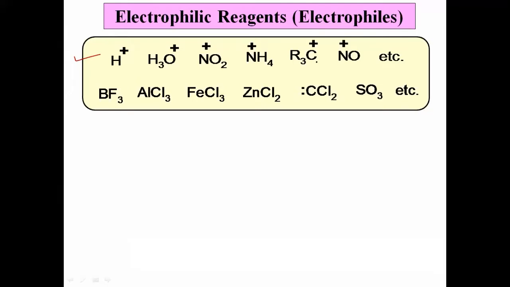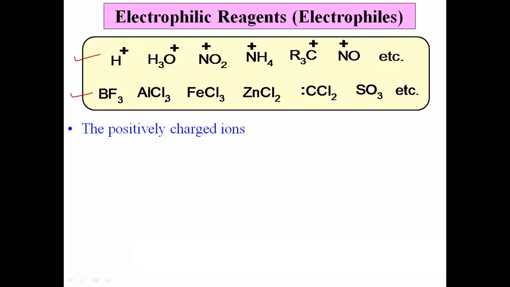Now, what about the second line examples? In the second line, BF3, AlCl3, FeCl3, they do not have any positive or negative charge. Okay, means these are neutral molecules. But those neutral molecules have an electron deficient center.